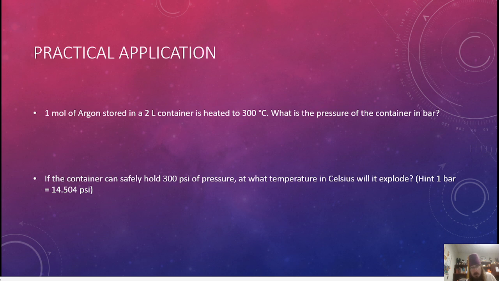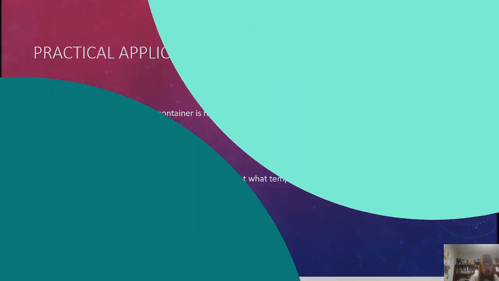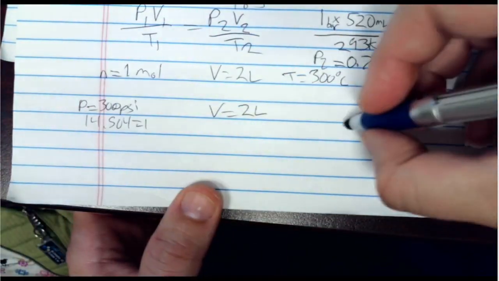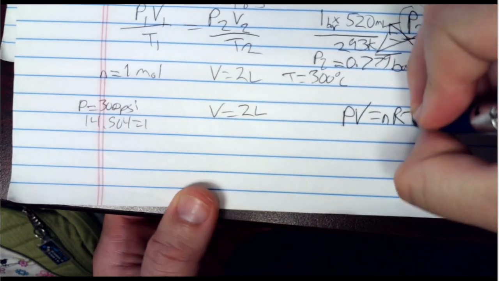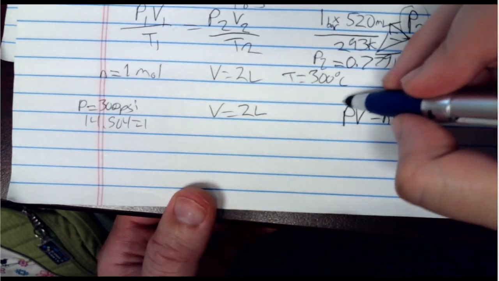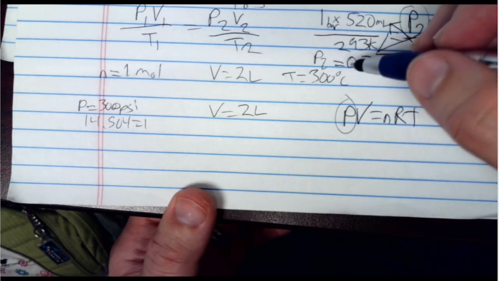Okay, so with that in mind, let's look at this. It's rather easy. We just have to isolate the variable. So our equation is PV equals nRT. In equation 1, we are trying to find the pressure.